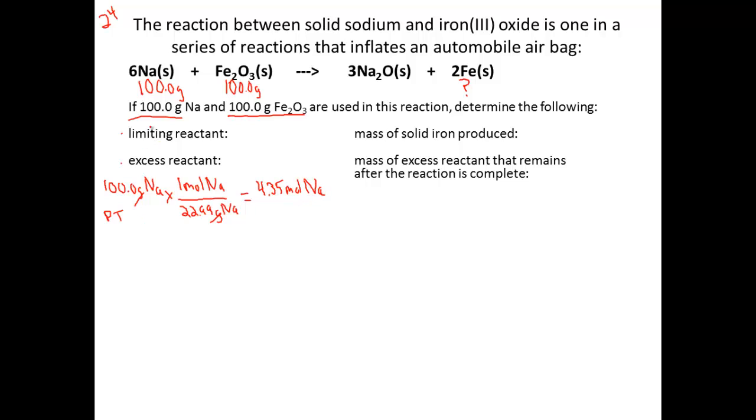Now, the second one is we have 100 grams of iron 3 oxide. From the periodic table, 1 mole of iron 3 oxide is equal to, and again, that's from the PT.